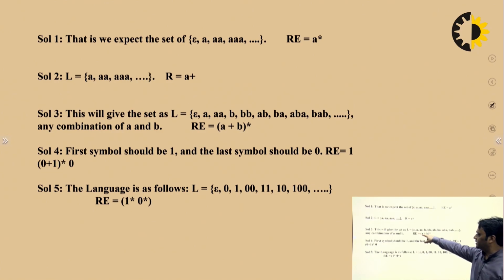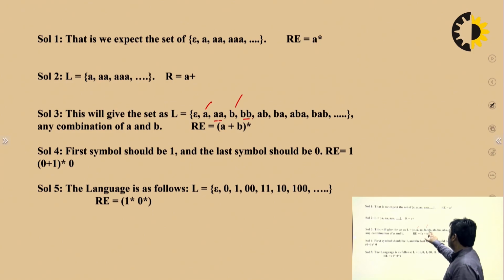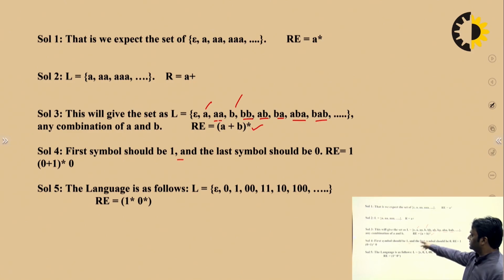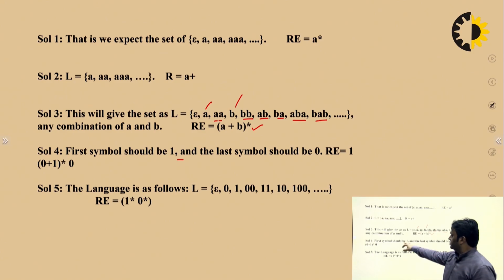If the occurrence of the string in the language is 0, then epsilon will be accepted. If the occurrence is 1, then a and b will be accepted. If the occurrence is 2, then aa, bb, ab, ba will be accepted. If the occurrence is 3, then these strings will be accepted, and we write the regular expression in the form (a plus b) star. And in this one, the first symbol should be 1, and the last symbol should be 0.